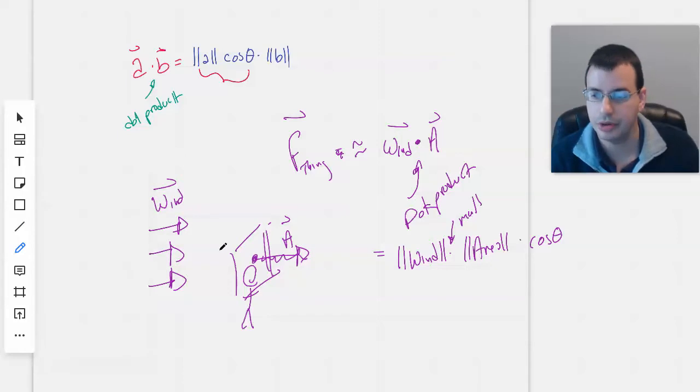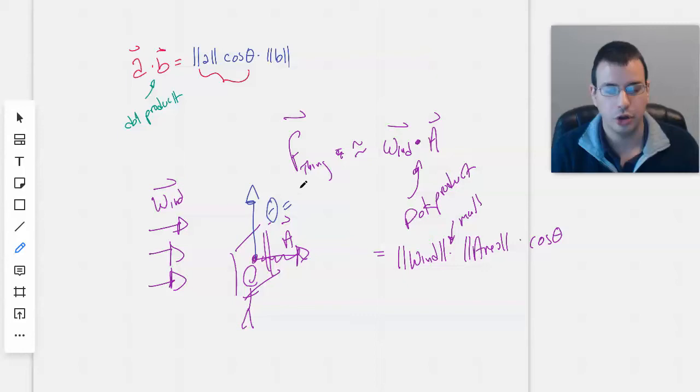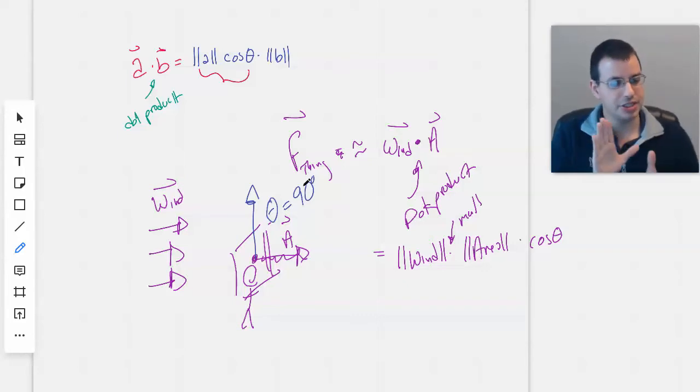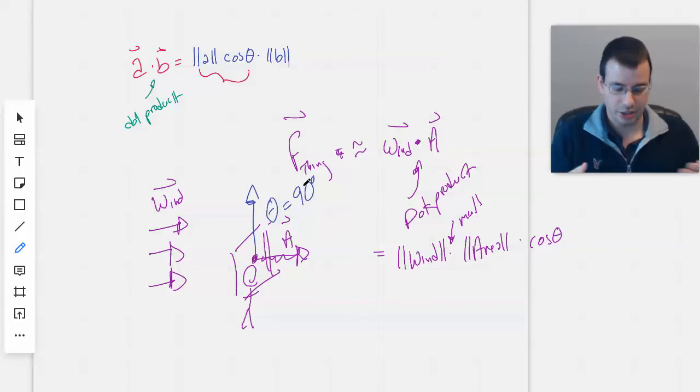That way the theta between the two would equal 90 degrees. Cosine of 90 degrees is 0. It'd be much easier to carry your painting through the wind when the plane of your painting is parallel with the wind.